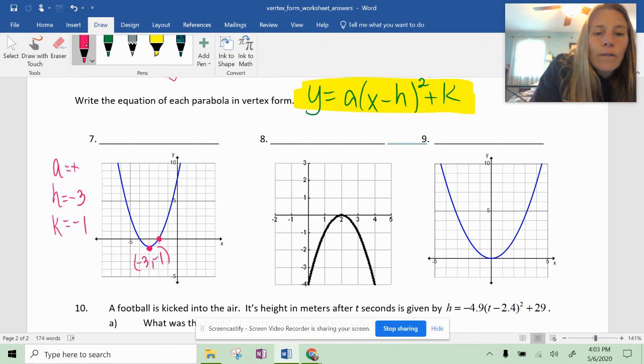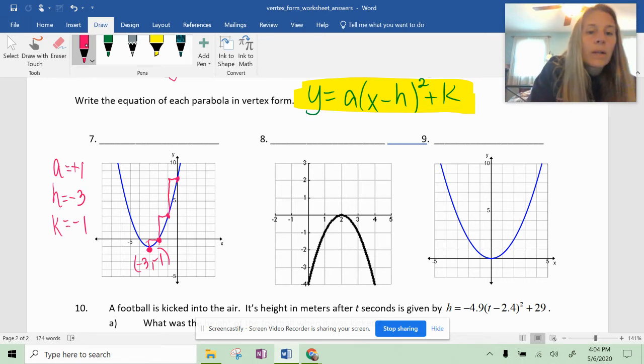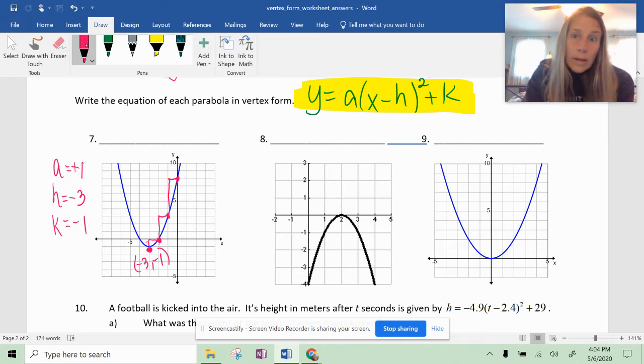Now, how far did you have to go up before you could go over 1 to get to that point? So we had to go up 1 over 1, which means that a value is 1. And you can even check, because then you go over one more box. Look at this time, up 3 over 1. Then up 5 over 1. So if it's following that 1, 3, 5 pattern, you know it's just the 1.